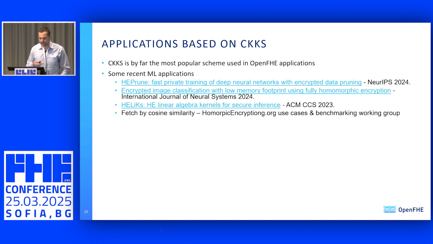Among recent ML applications, there was an interesting paper in NeurIPS, a top-tier conference in that space, that deals with the problem of encrypted data pruning using CKKS. There are quite a few papers on image classification. For instance, the paper I'm referring to here is based on ResNet-20 and was published in the International Journal of Neural Systems. Some capabilities for secure inference were discussed in prior CCS work.